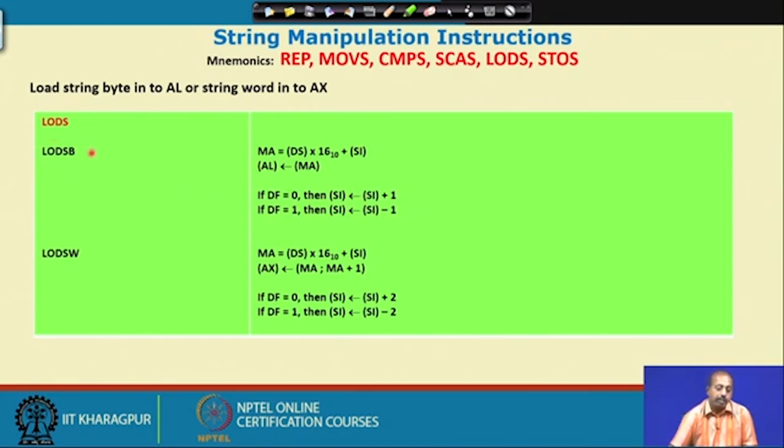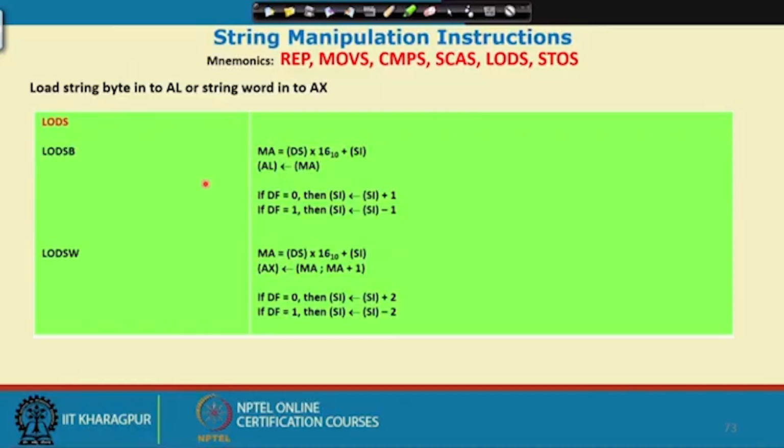If this LODSB has the REP prefix, the repeat prefix, then this operation will be carried on till CX becomes equal to 0. That way the REP prefix is useful for scanning through a list of characters, a string of characters, or loading a string of characters one after the other into the accumulator and doing some operation there.